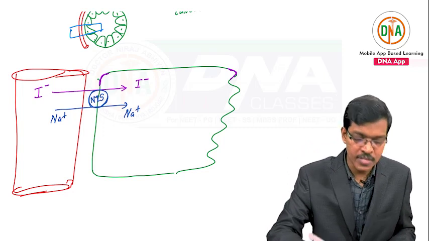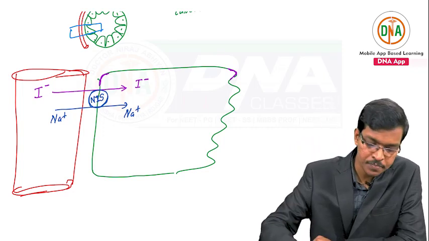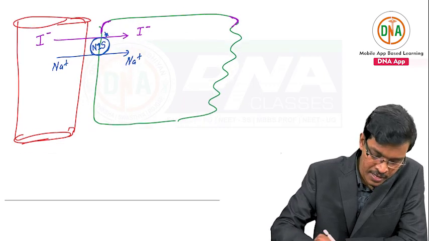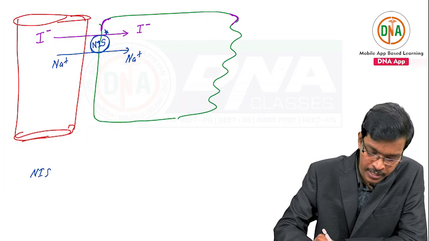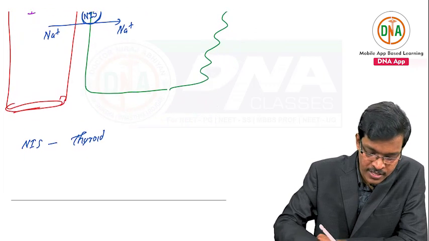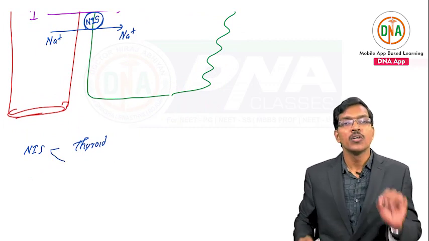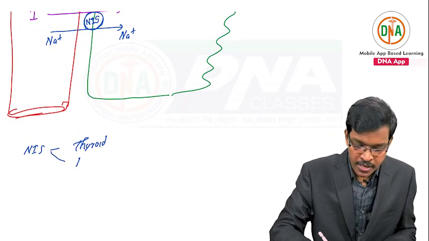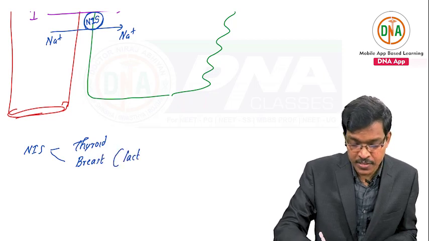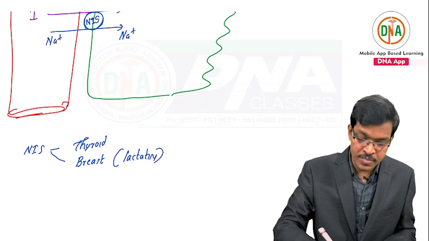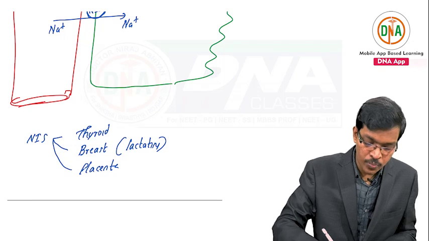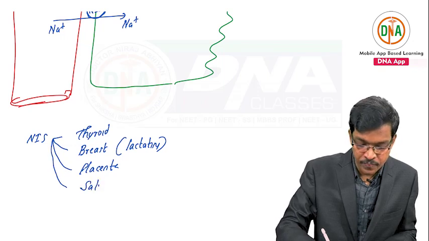Very important point regarding sodium iodine symporter, or NIS, is that it is present in the thyroid. Apart from the thyroid, what are the other sites where you can get sodium iodine symporter? First important one is it is present in the breast. It is mainly present in the lactating breast. Also, it is present in the placenta. It is also present in the salivary gland.